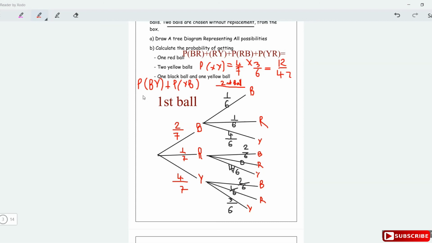So that's 8 over 42, and then we multiply this by 2, and so it works out to be 16 over 42. That's the probability of getting a black and a yellow. 16 over 42. That's how we do this question. Soft. 16 out of 42.